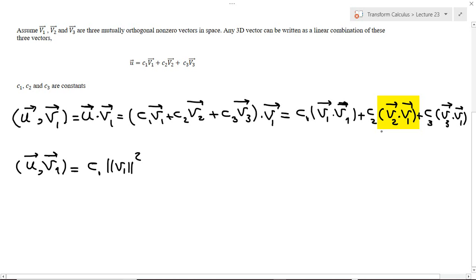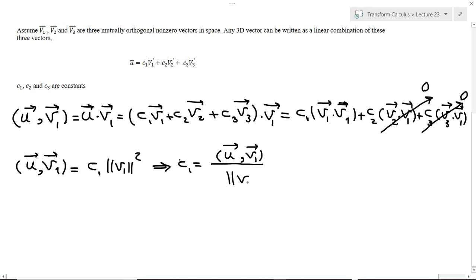As a result, V2 dot V1 is equal to 0. We have the same for V3 dot V1: V3 and V1 are orthogonal, so the inner product is 0. So here we can say that C1 is equal to the inner product of U and V1 divided by the magnitude of V1 squared.